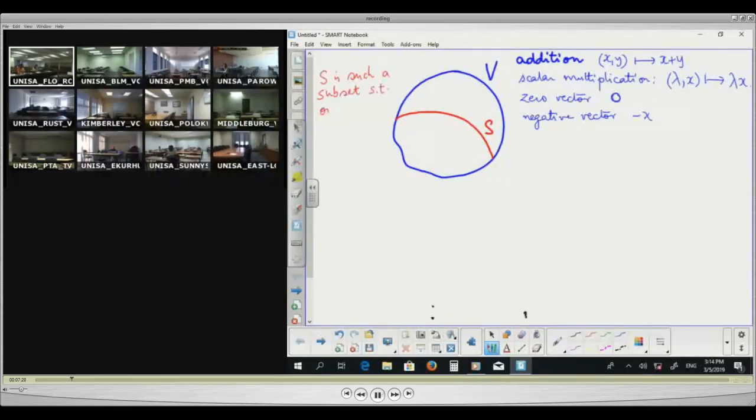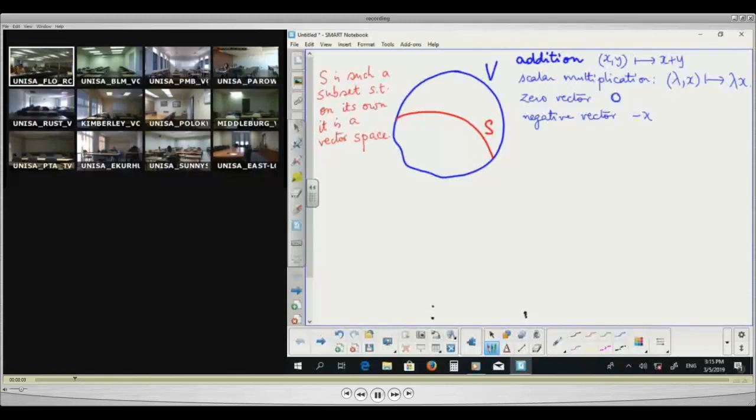So see, I don't have any other information, right? So I should be starting to find the zero vector here, zero obviously because it's a space. What should be the zero? Well, ab initio I have only the zero over here. Okay? So I stipulate that this zero is actually here. The zero of the whole space is actually in S. Okay? So I stipulate zero is in S.